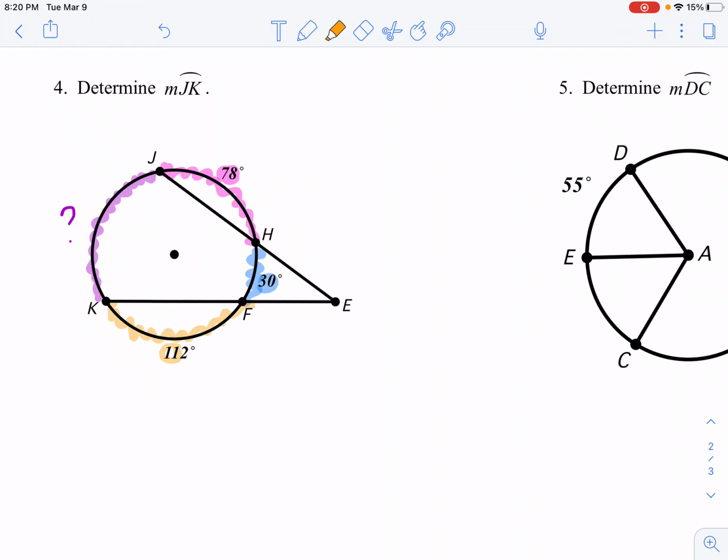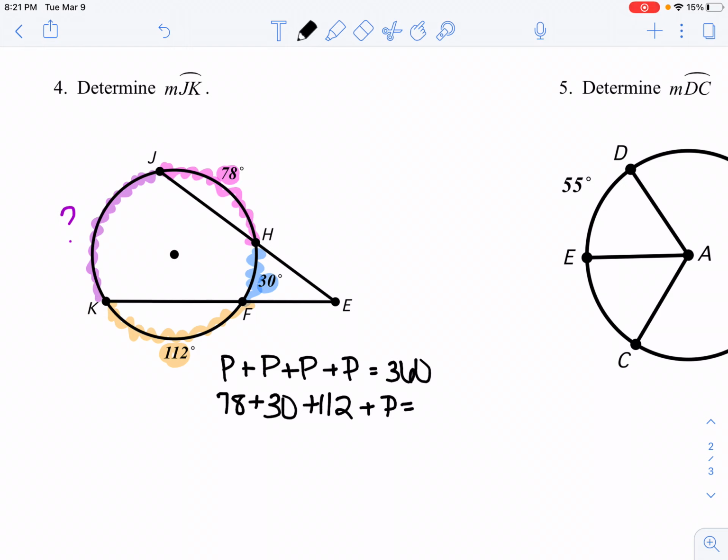How many parts do I have? Hopefully you guys are saying you have 4 parts. So this time I have to do part plus part plus part plus part. So all 4 parts equal my whole, which is 360. How many parts do they give me? Well, they give me 3. And I'm just missing that last one there.